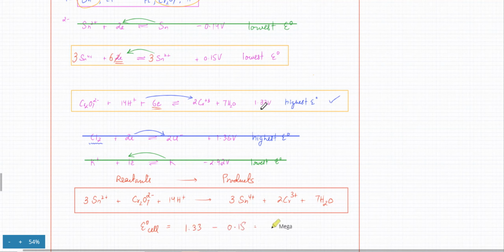Now, the higher this value is, the more feasible the reaction is. If the higher potential is really high, that means it really likes to gain electrons, and if the lower potential is really low, that means it really likes to lose electrons. So the greater the difference between the two, the more feasible the reaction is going to be.